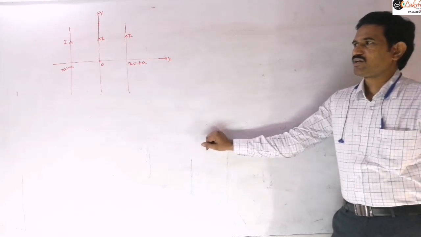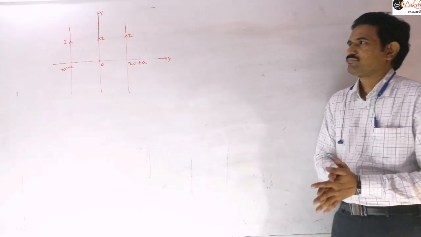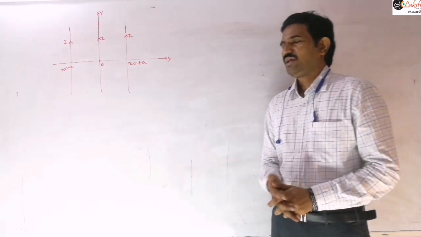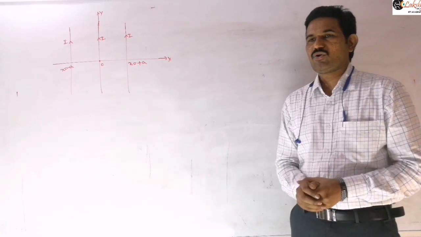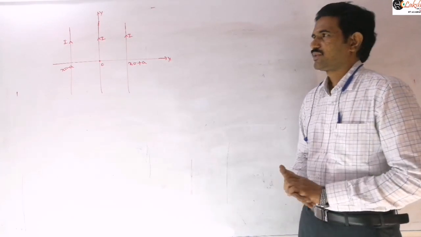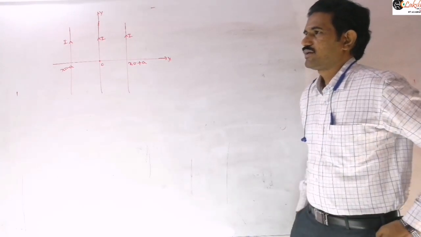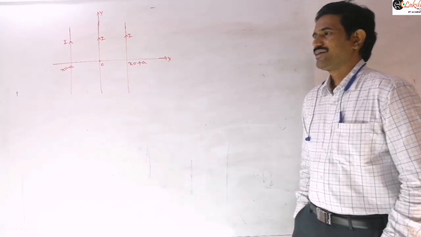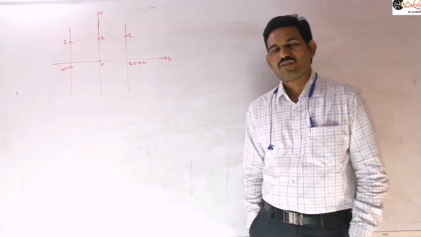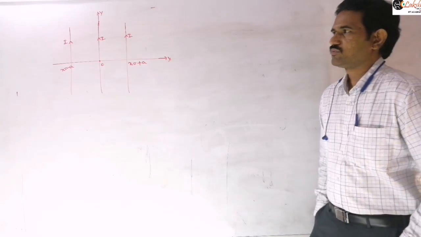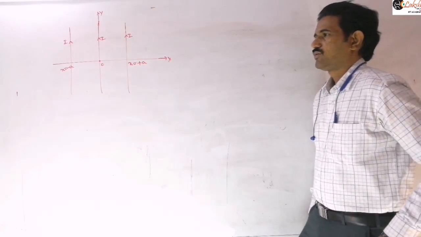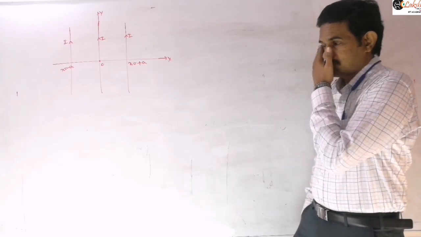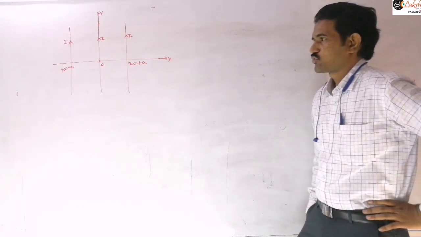So now first write that problem. 3 long current carrying wires, 3 identical long current carrying wires carrying current I each are placed parallel to each other as shown.